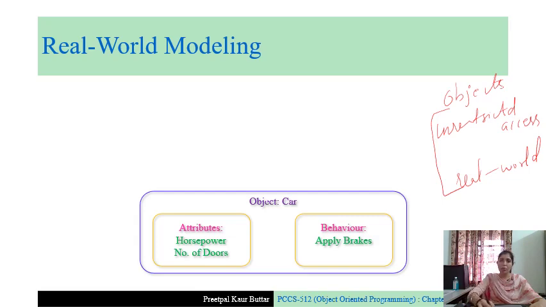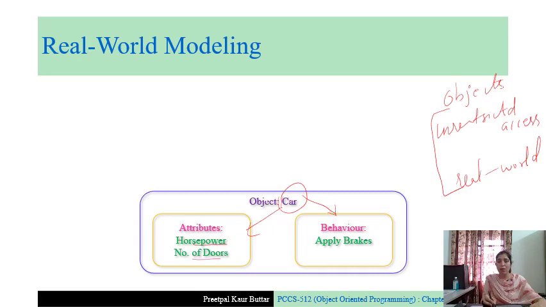The real world also has entities, for example a car, which has some attributes and which has a behavior. Attributes are the properties of the real world entity. Here the car has attributes like horsepower and number of doors.